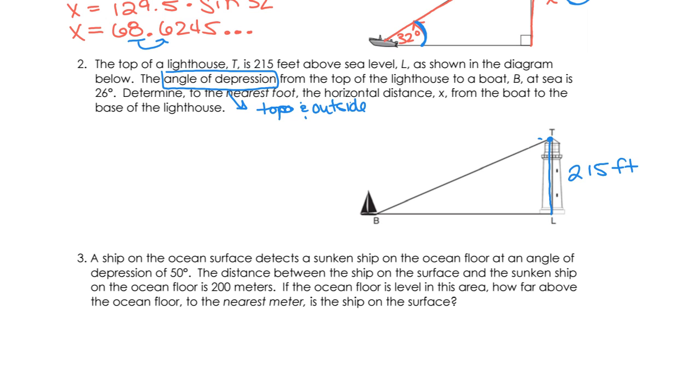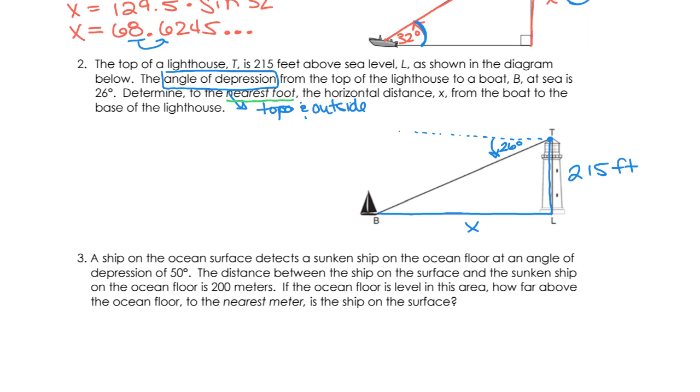You form a nice dashed line as your line of sight. You're pretending you're the person at the top of the lighthouse looking out, and all of a sudden he sees a boat. He looks down to see the boat, looking down 26 degrees. Determine to the nearest foot, there's our rounding directions, the horizontal distance. Horizontal is this piece that goes from left side to right side, from the boat to the base of the lighthouse.